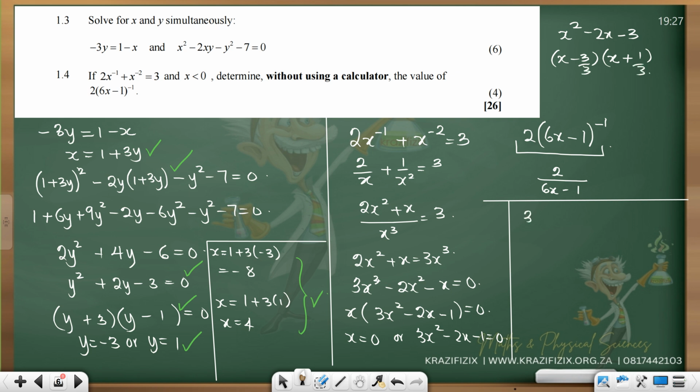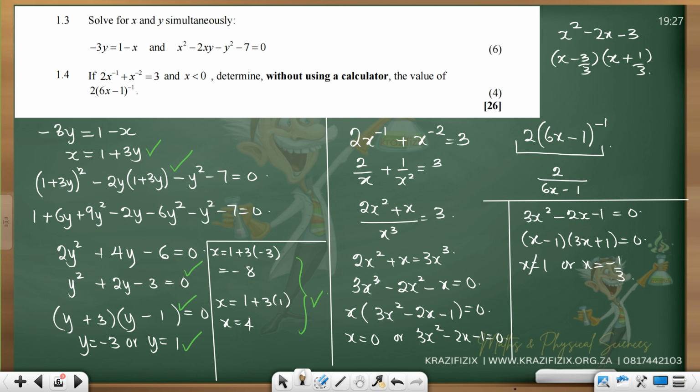Okay, so my 3x squared minus 2x minus 1 equals 0, which would give me x minus 1, 3x plus 1. Oh yeah, it's fine. So x equals 1 or x equals what? And the examiner gave me a restriction. x is less than 0.